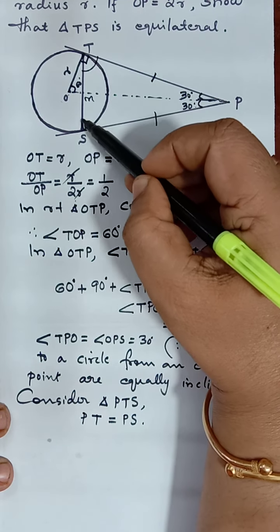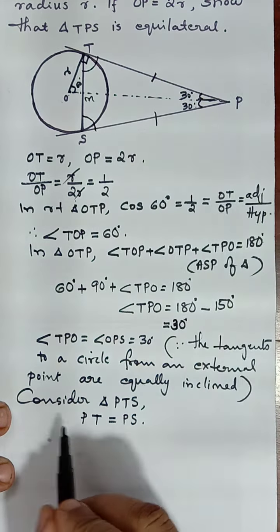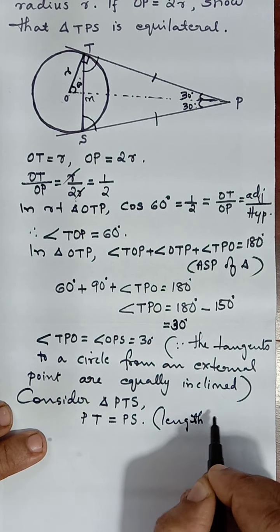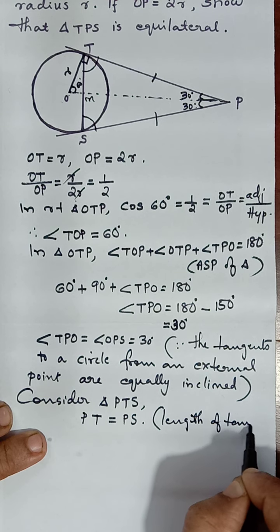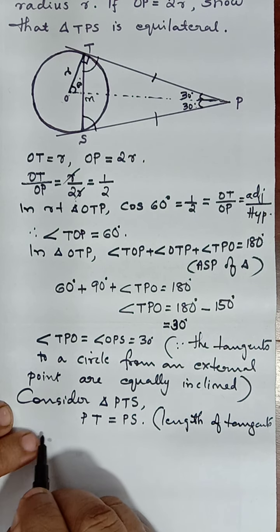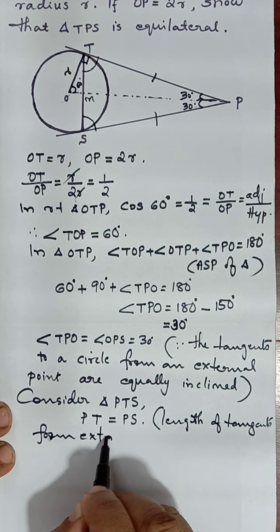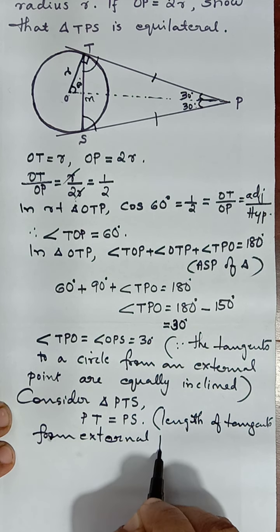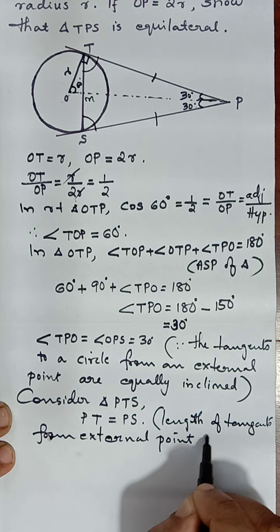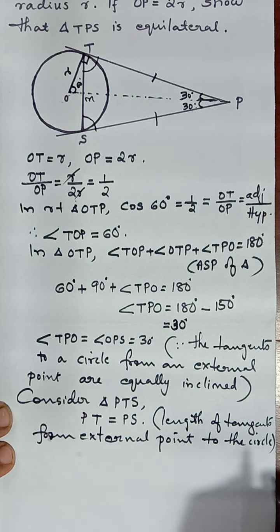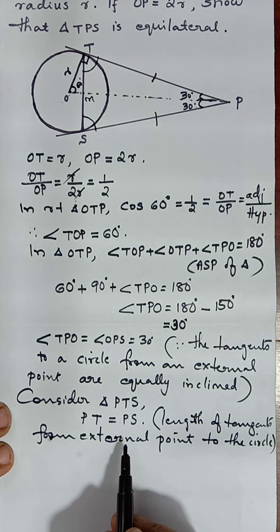Therefore, is this angle equal to this? That is, the lengths of tangents from an external point to the circle are equal. That is why PT is equal to PS.